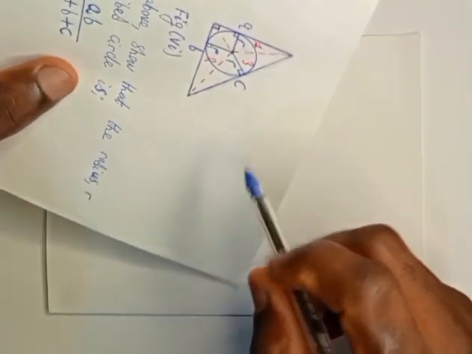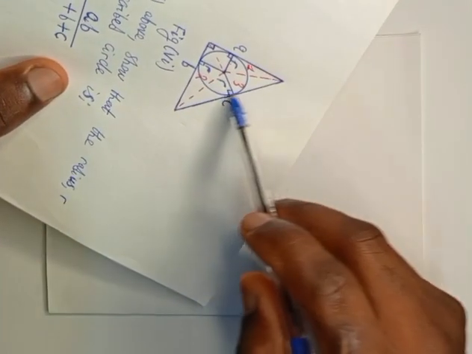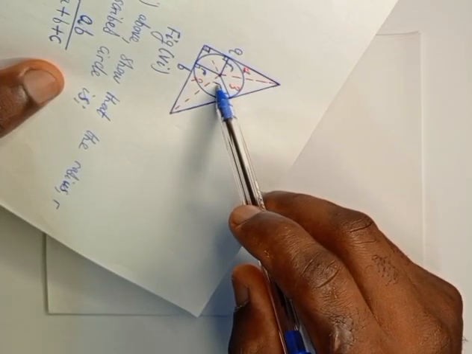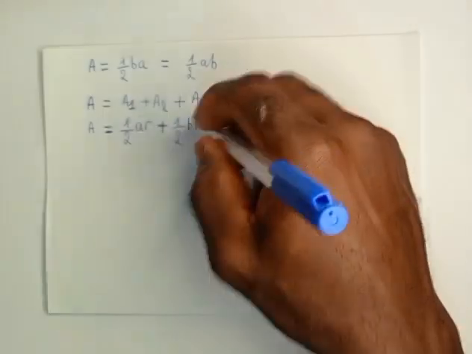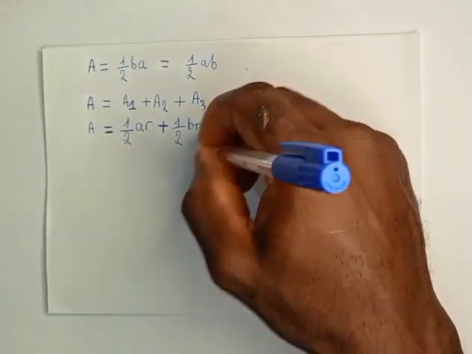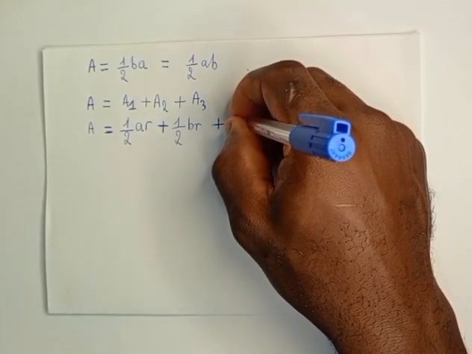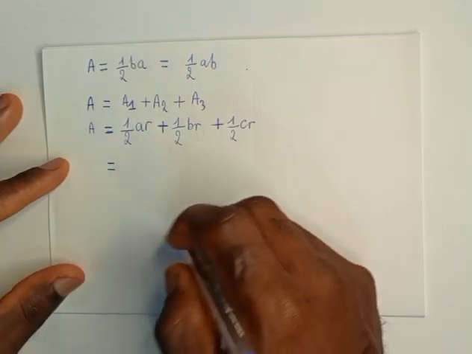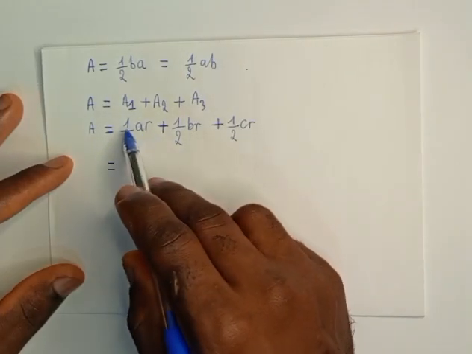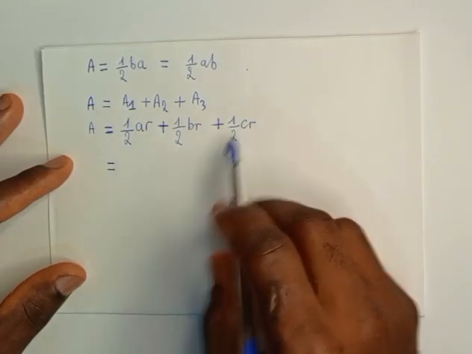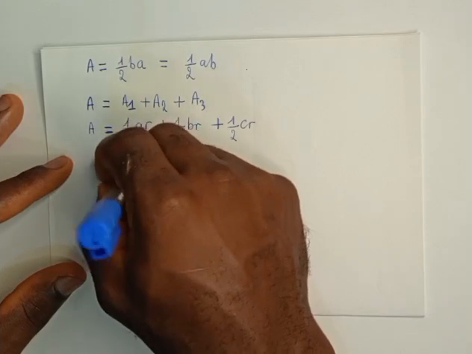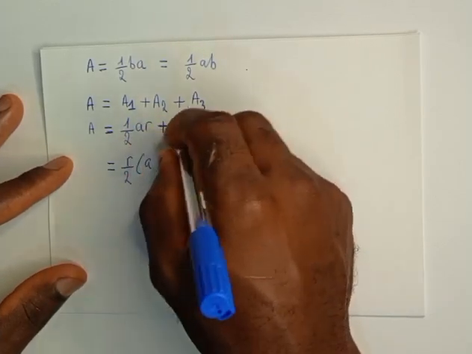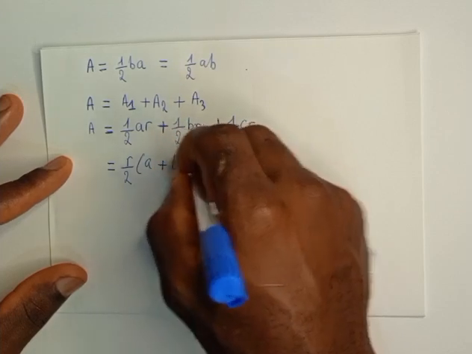If you rotate it as such, you'll see that the base is C and the vertical height is R, plus a half CR. This will simply be equal to, you'll see that a half R is common, so we can factor out R over 2 times A plus B plus C.